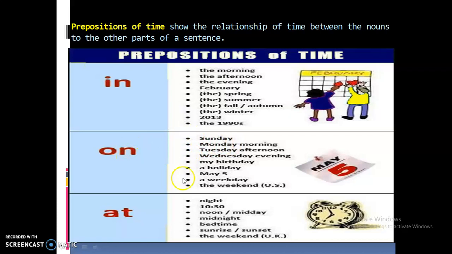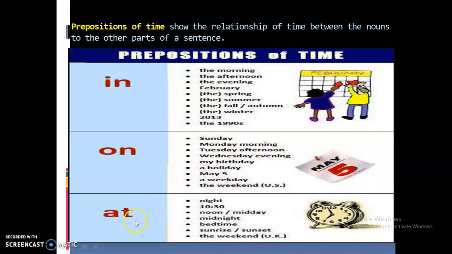When you talk about days, Sunday, Monday, Tuesday, only the preposition on is correct. On Sunday, on Monday morning, on Tuesday afternoon, on my birthday. You cannot say in my birthday. That is wrong. So on my birthday, on May 5th, on the weekend.